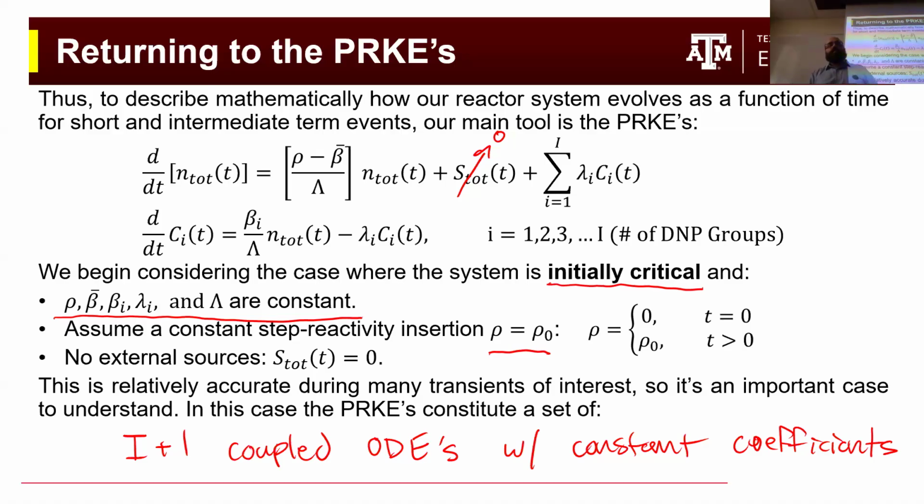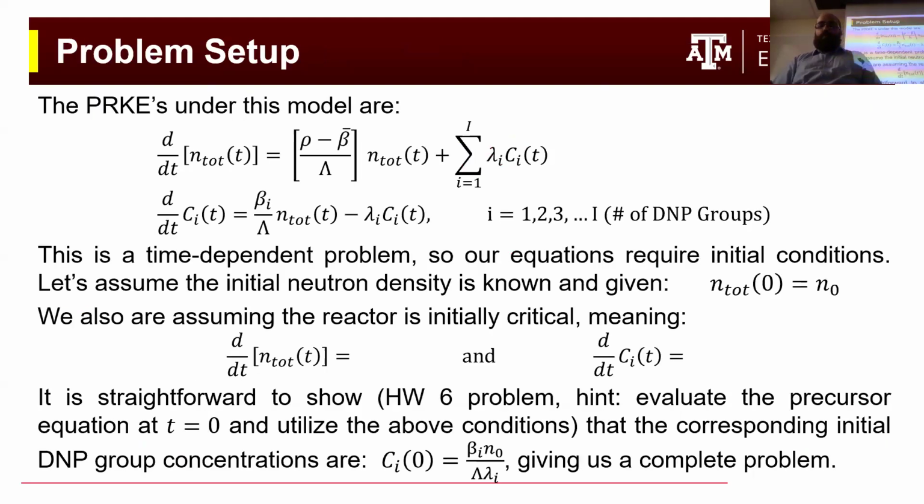But if it's critical, that means the population doesn't change with time, right? So the dn by dt terms all have to go to zero. If we assume that the reactor is initially critical, these time derivatives are zero, and this is specifically at t equals zero. Those derivatives are zero if the reactor is critical, which is just at time zero. And then right after time zero, we do some reactivity insertion, which makes our system go away from critical.